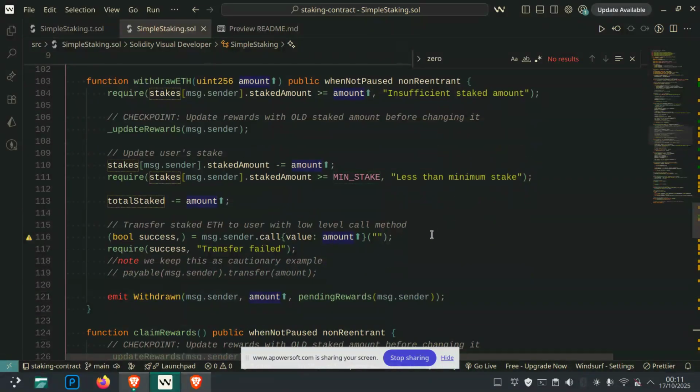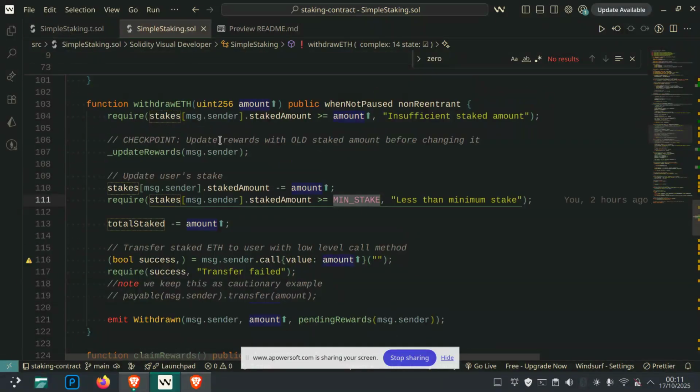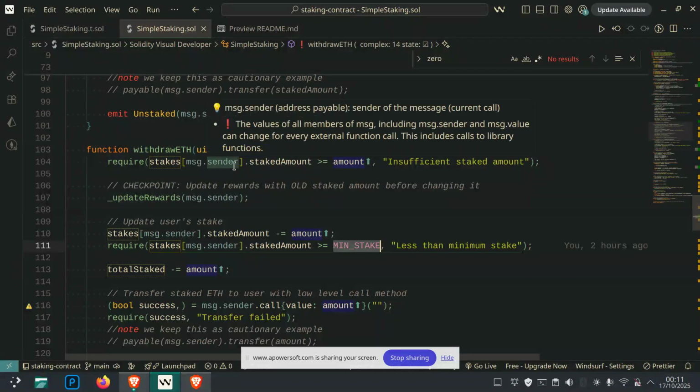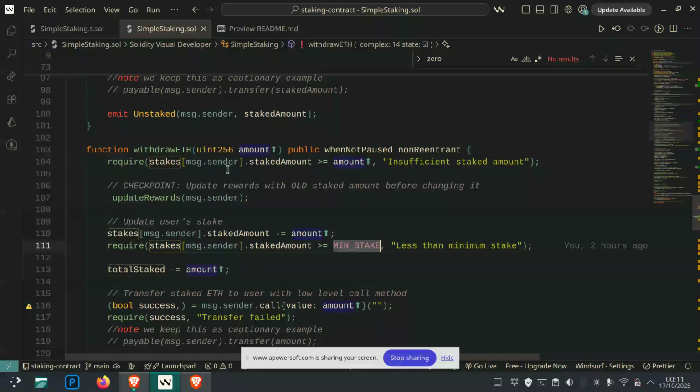Yeah, there is this nice thing I added, which is again some sort of security control. Let's say the user put 1 Ether, which is way more than the minimum, which is 0.01 ether, but then they call withdraw and they withdraw everything except one wei, and they have a position with one wei.